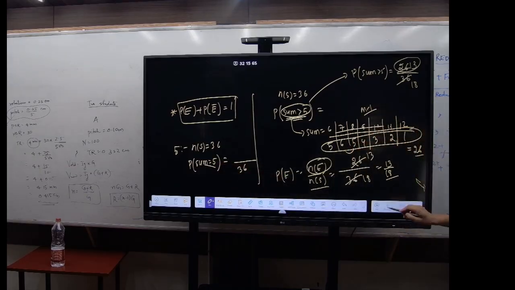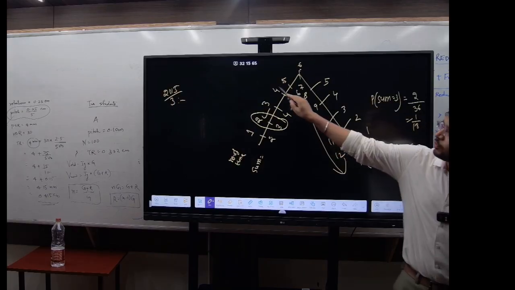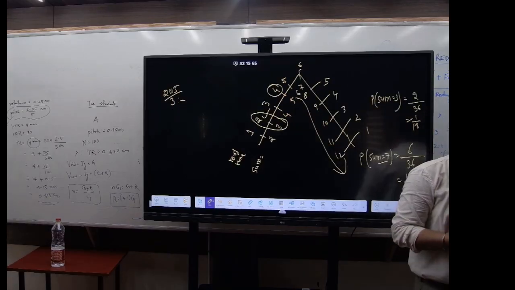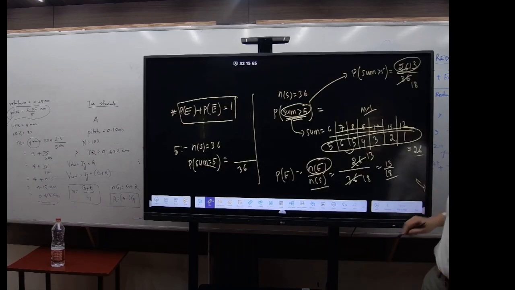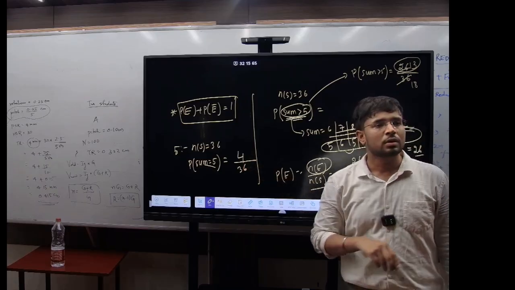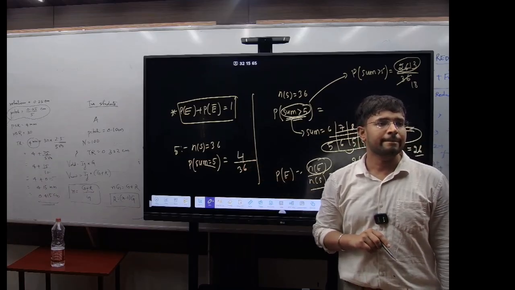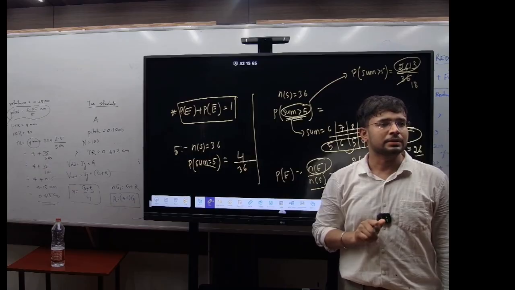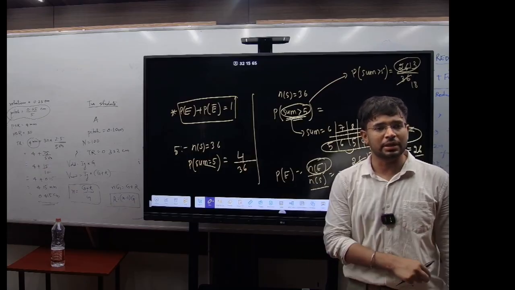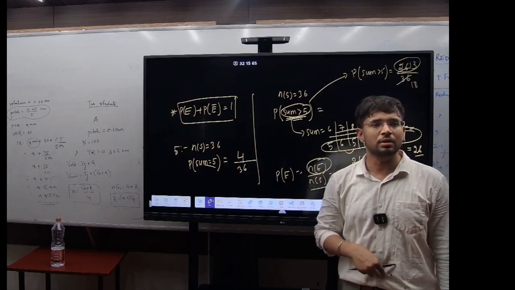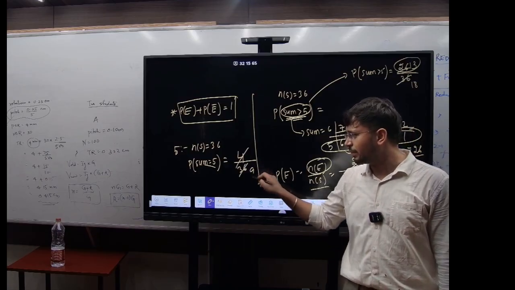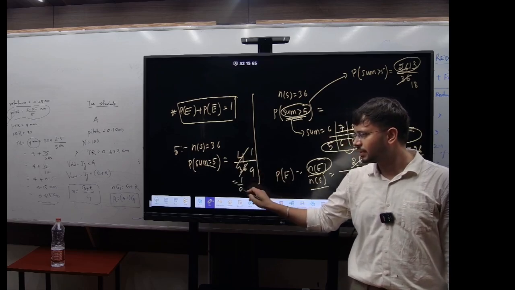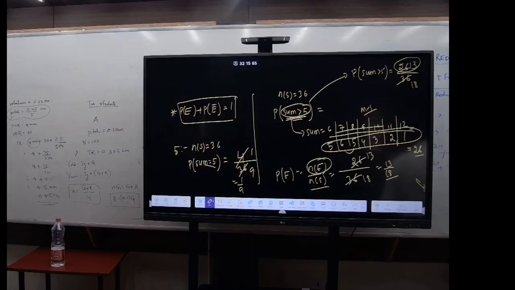The sum is 5 four times, so write 4 here. Is that understood? So now you see this will come 1 by 9. Understood?